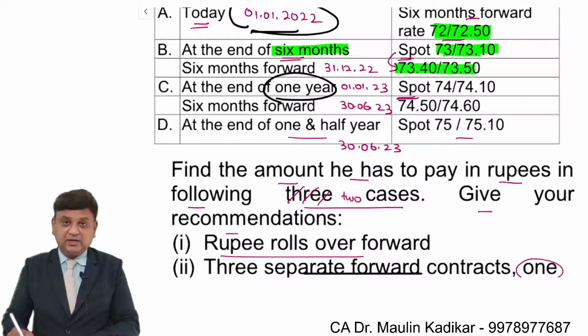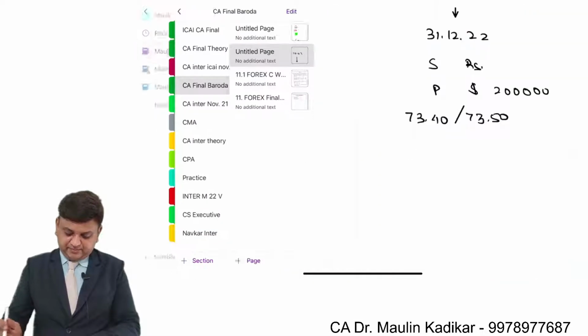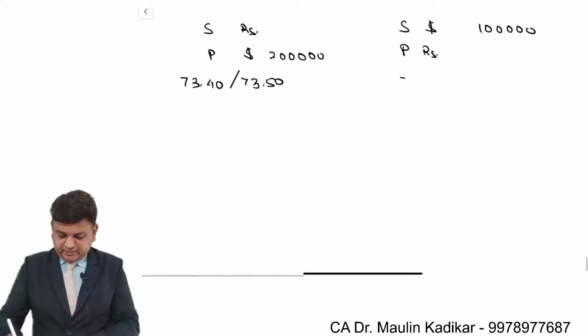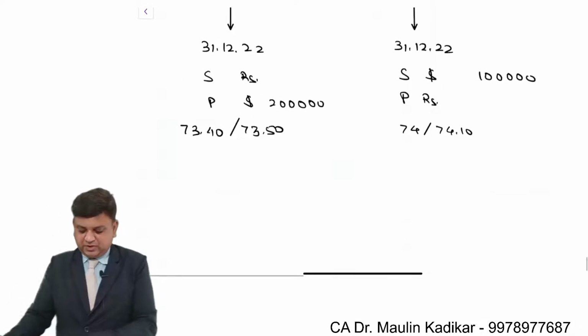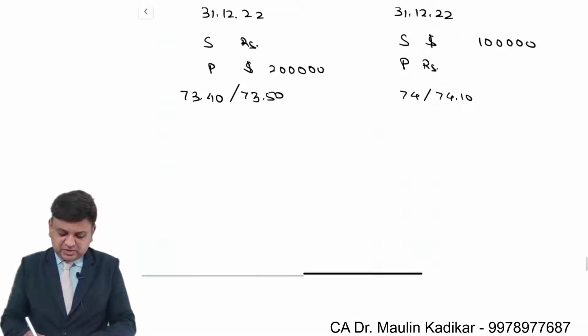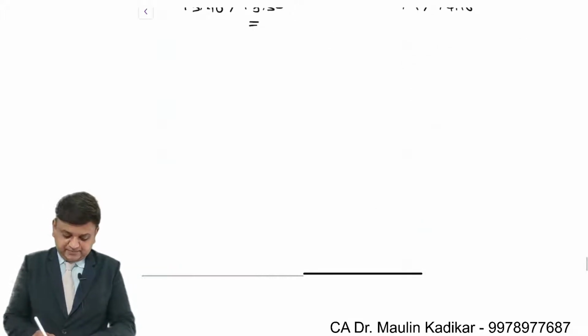At the end of the 1 year, the spot exchange rate is 74/74.10. Again, rupees per dollar. Seller rupees means you are required to pay more amount of rupees.